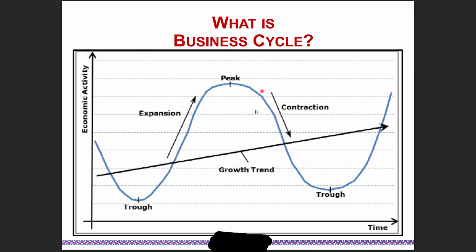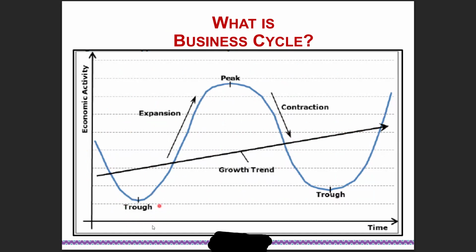So with the business cycle, what is a business cycle? It basically shows the upswings and the downswings of economic activities over a period of time. Also, this line is called a growth trend or a trend line, right? And then the business cycle has four elements. The trough, which basically indicates a negative growth rate.